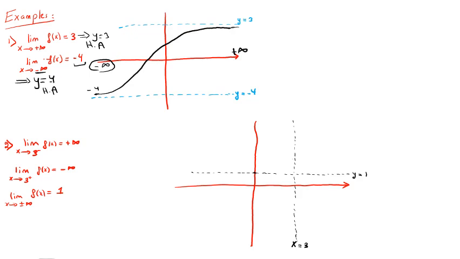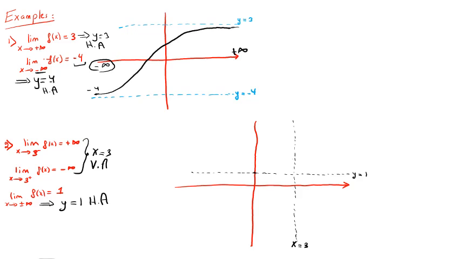In example 2, we have the limit as x tends to 3 minus equal to plus infinity, and the limit as x tends to 3 plus is minus infinity, so x equal to 3 is a vertical asymptote, and the limit as x tends to plus or minus infinity is equal to 1 implies that y equal to 1 is a horizontal asymptote.